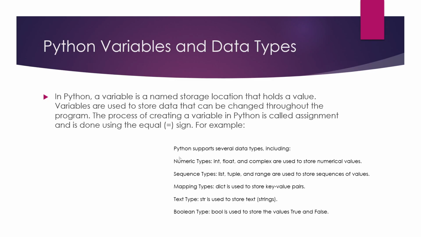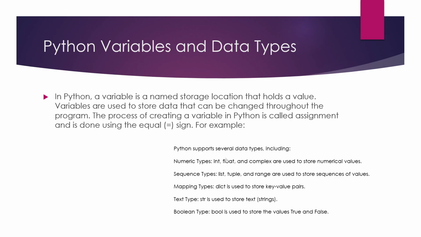So these are some different types of data. We have numeric types and sequence types, for example, lists, tuples, and ranges, which are used to store sequences of values. Integers, floats, and complex are used to store numerical values.